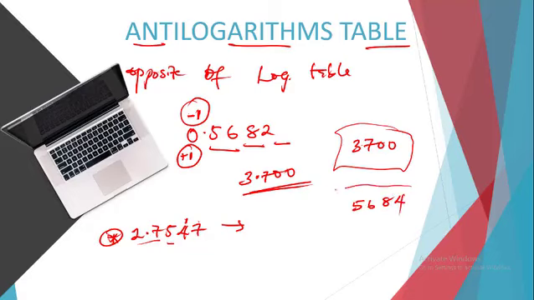Is that correct? 5684. Now remember what I told you here: you add 1. Is that correct? So when you add 1, how many is here? You have 3. So you add your decimal point after the third digit. So we have 568.4. Okay, as simple as that.